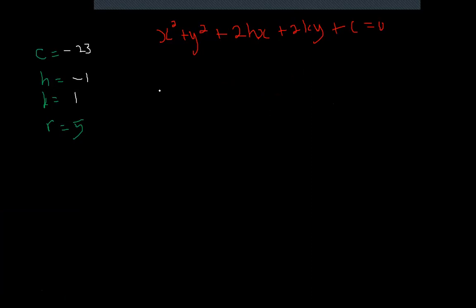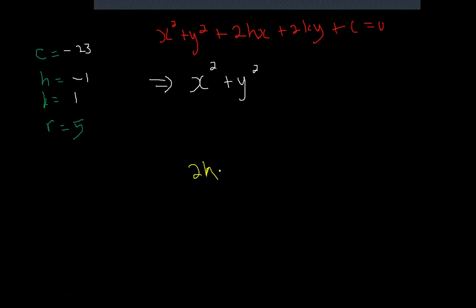And the last thing to do now is to substitute. So the answer would be x squared plus y squared, then 2hx, which is the same as 2 multiplied by h multiplied by x. We know that h is minus 1. Let me write this out just for my visual learners.